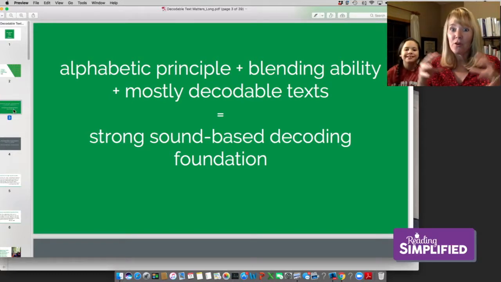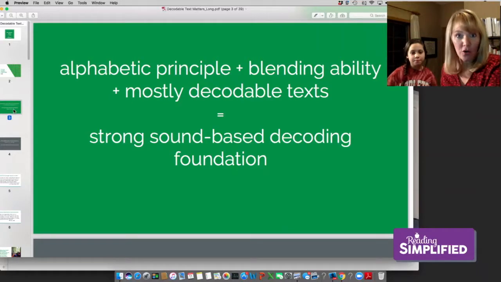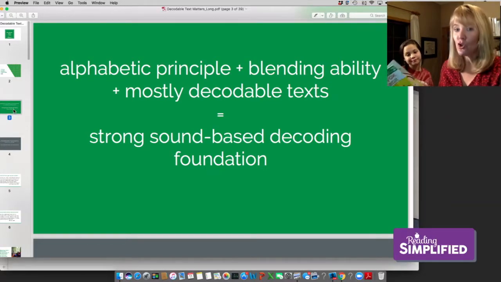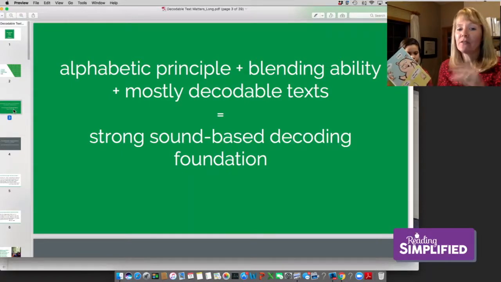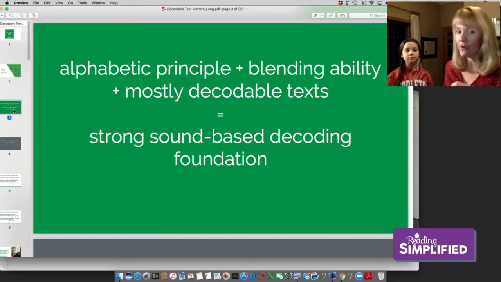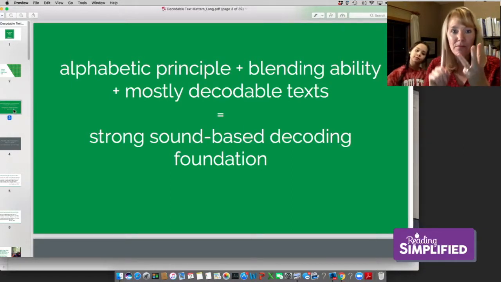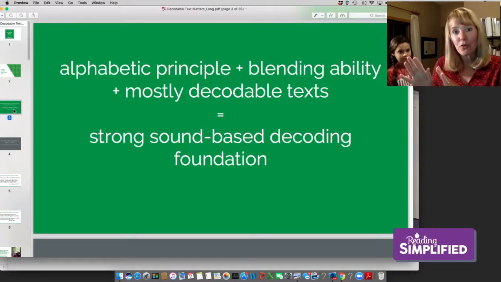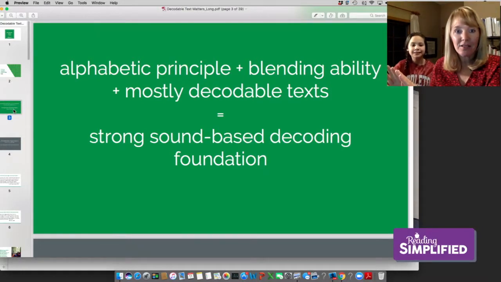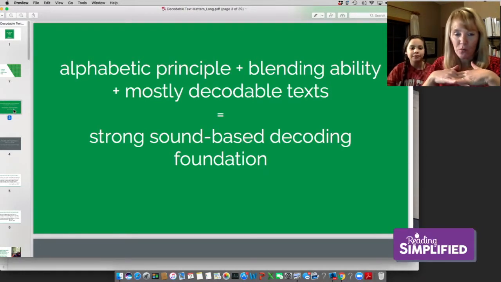And then put those two things together with a decodable text, a text that's not too complex, that has a focus on short words, targeted vowel sounds. And this would be an example. And when those things come together, alphabetic principle, blending ability, and mostly decodable text, those kiddos are going to be set with a strong sound-based decoding foundation. And that's the foundation on which good reading is built.